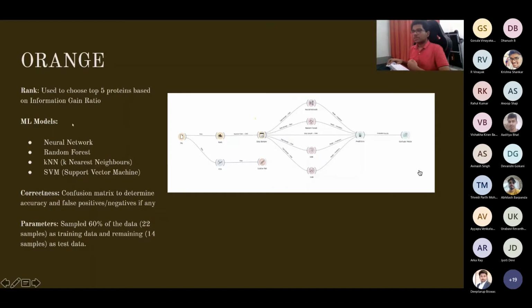After that, the ML models which I used were neural network, random forest, k-nearest neighbors, and support vector machine. For correctness of the predictions, I used the confusion matrix to determine the accuracy and false positives or negatives, if any. So 60% of the data, which came out to 22 samples, was used as training data and 14 were used as test data.